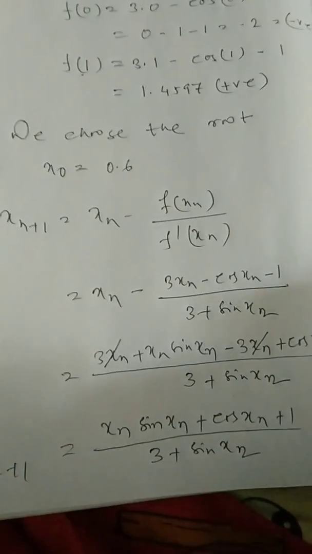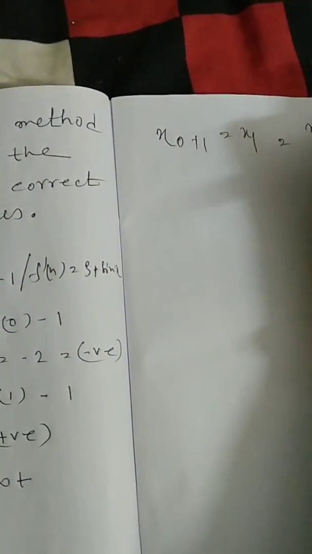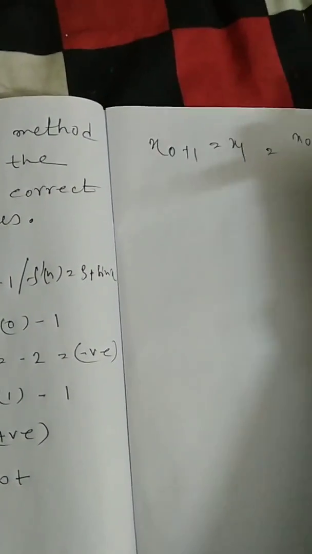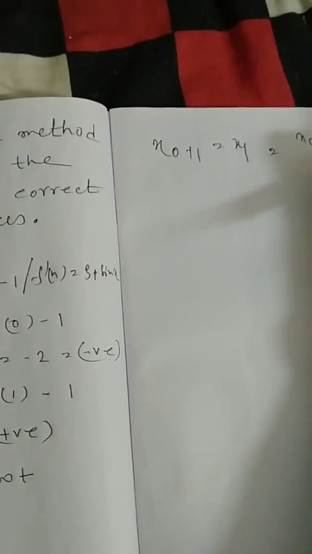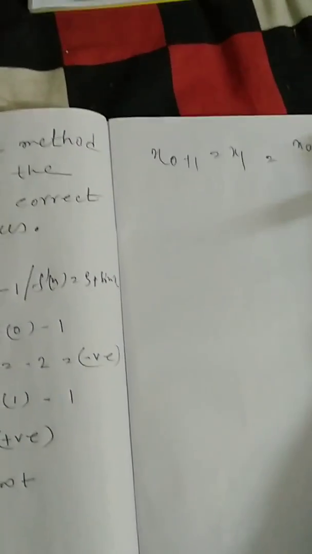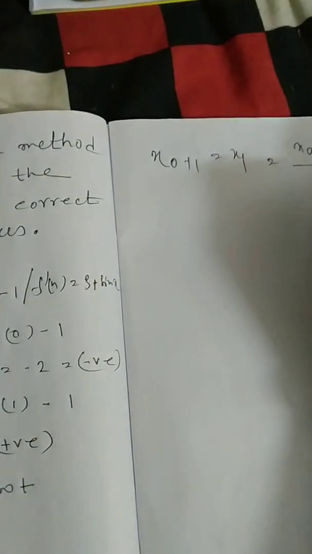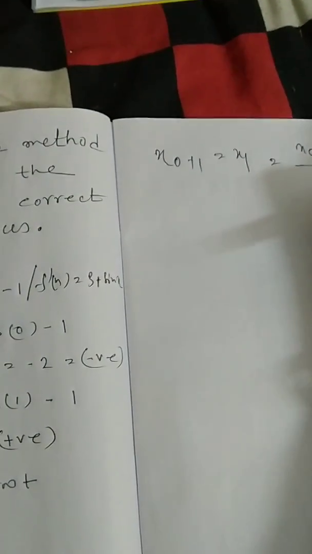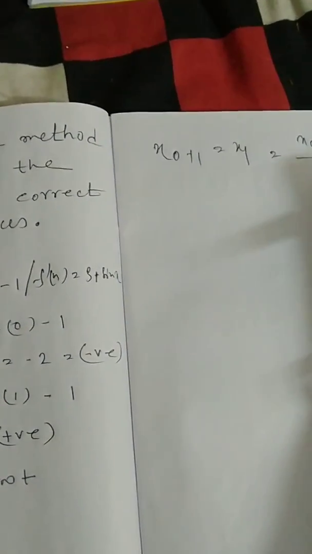That is x0 sine of x0 plus cos of x0 plus 1 divided by 3 plus sine of x0.